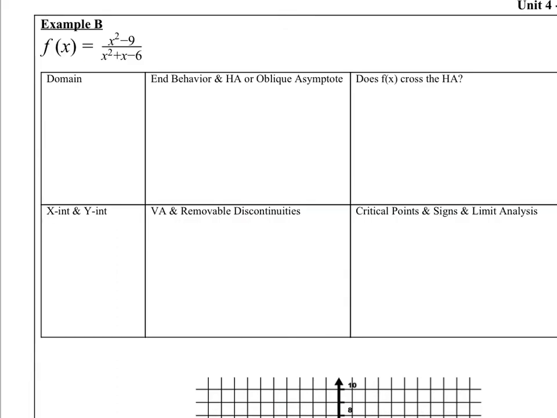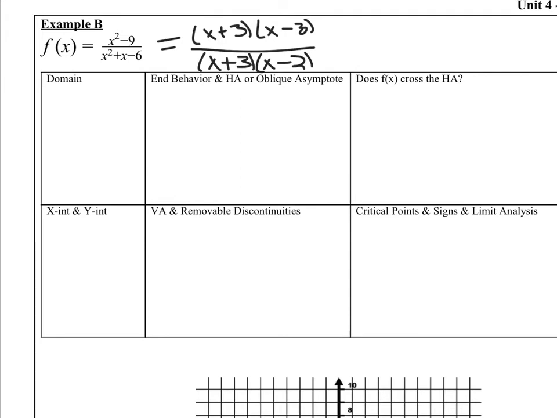Let's look at another example. Once again, our first step is going to be to factor. So my numerator will factor to (x plus 3)(x minus 3). My denominator is (x plus 3)(x minus 2).